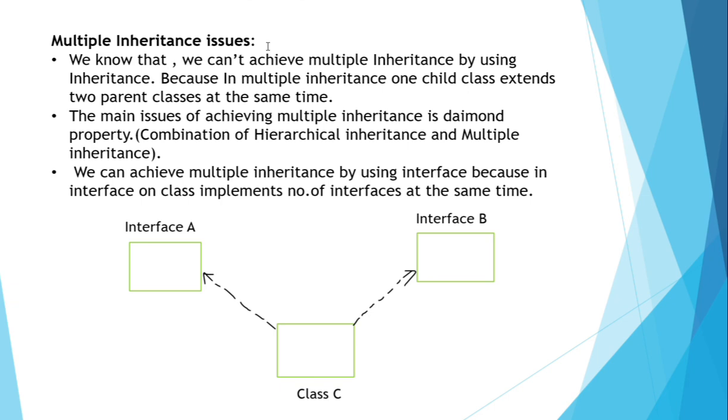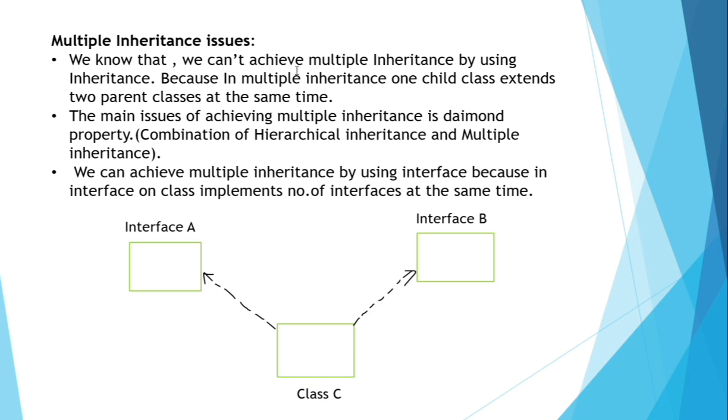We cannot achieve multiple inheritance using class inheritance. But we can achieve multiple inheritance with interfaces, because one class implements a number of interfaces at the same time. That's why we can achieve multiple inheritance in interfaces.